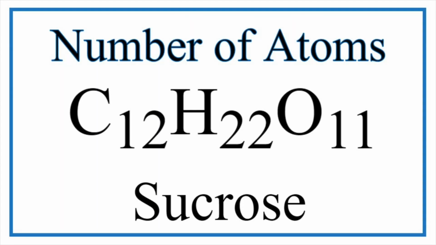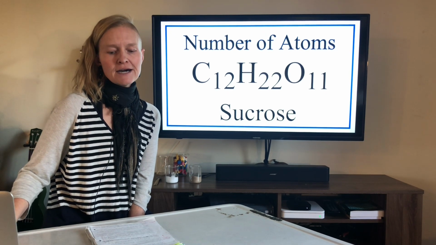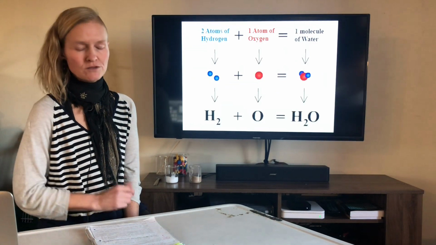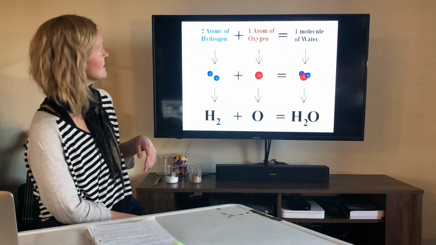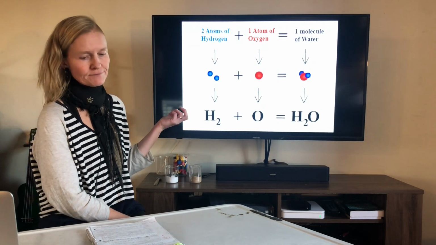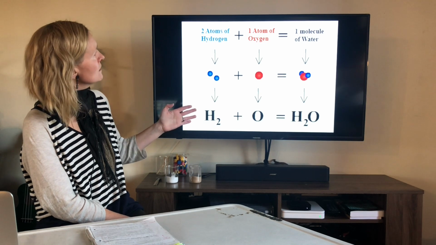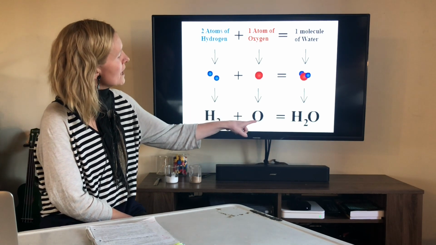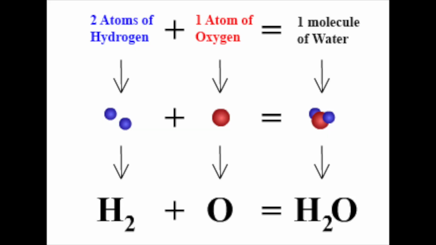So a chemical formula tells us what a compound is made of, like the kinds and amounts for each element. So going back to the water, the chemical symbols are used to represent each atom. For water, we have 2 atoms of hydrogen, so H2, plus 1 atom of oxygen, and together they equal 1 molecule of water.